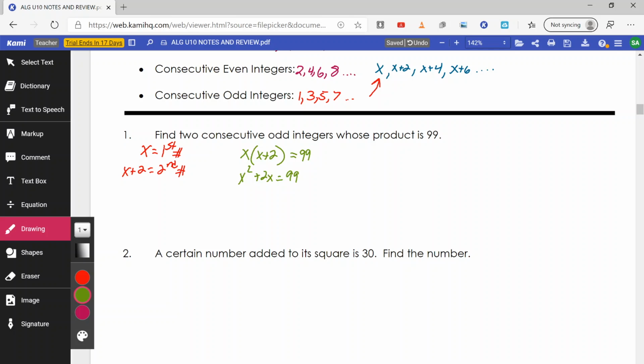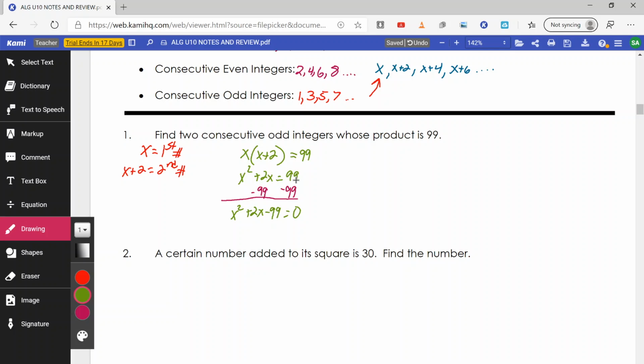So I have to get this equal to 0, so I'm going to subtract 99. I can't take 99 away from x squared or 2x, so we have x squared plus 2x minus 99 equals 0. So there's the quadratic equation. It's in standard form, equal to 0.